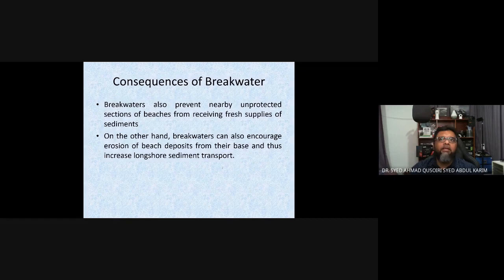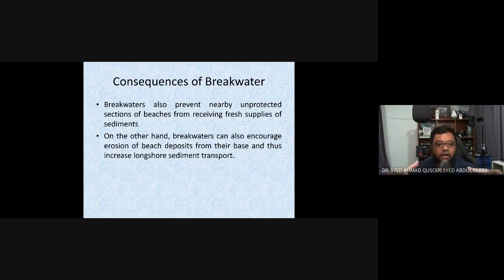They can also prevent nearby unprotected sections of the beaches from receiving fresh supplies of sediment. So kita menghalang ombak daripada masuk ke kawasan pantai, kita juga menghalang air yang fresh, fresh water, air laut yang fresh lah, yang penuh dengan oksigen. Kita menghalang sedimen yang fresh daripada laut masuk ke kawasan pantai. Okay.